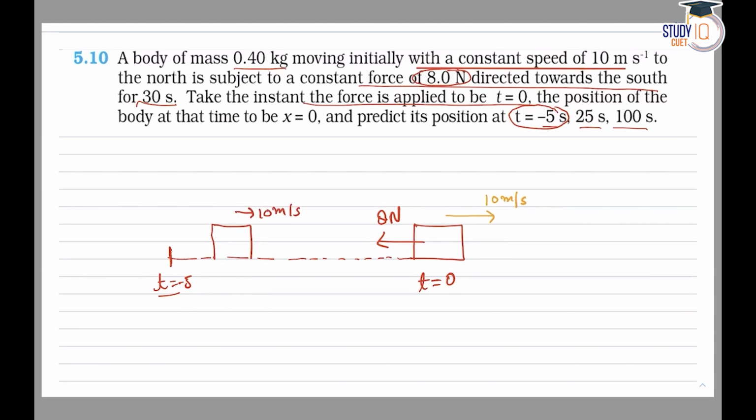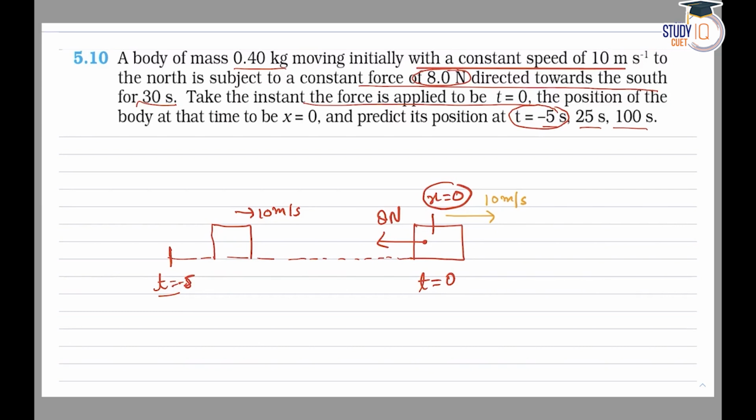Let's say the position at t equal to 0 is x equal to 0. We have to define the position 5 seconds before the force acts.